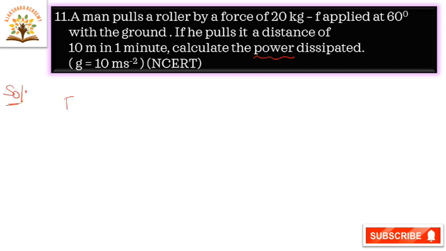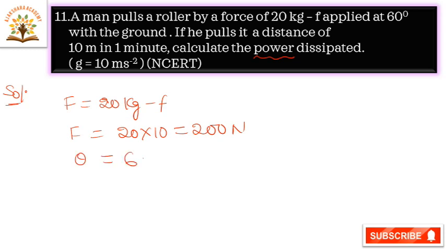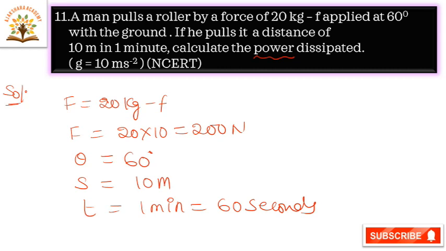They are given F is equal to 20 kilogram force, so that is equal to 20 into 10, that is equal to 200 newton. 1 kilogram force is equal to 10 newtons. So here theta is equal to 60 degrees, s is equal to 10 meters, and t they are given as 1 minute. Converting into seconds, 60 seconds, and g is equal to 10 meters per second square. Now we have to calculate power.